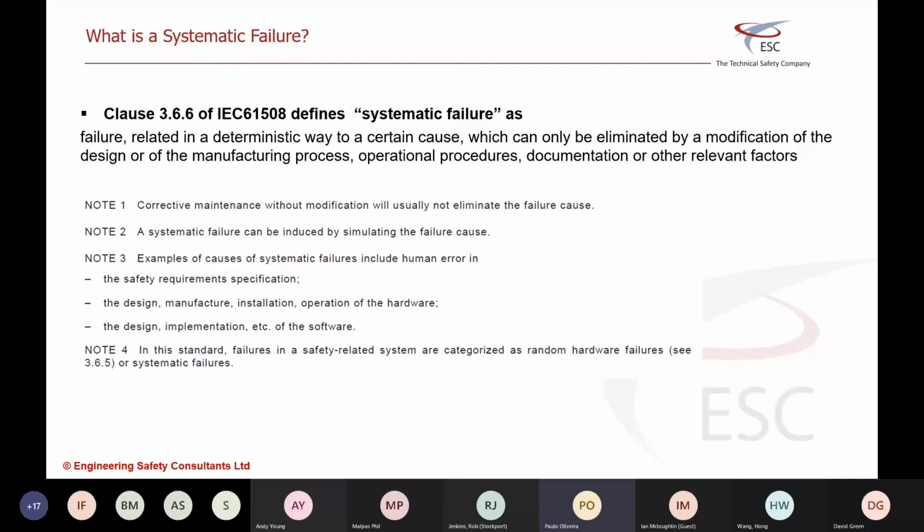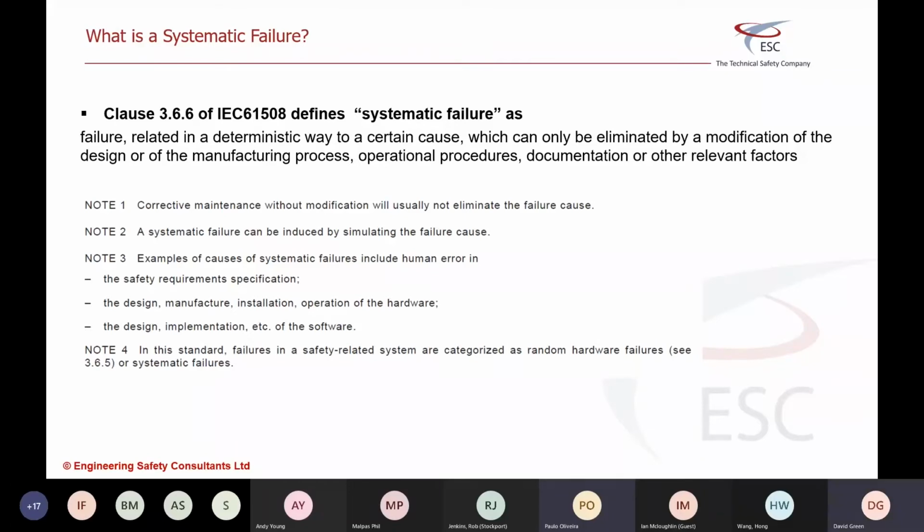Note that it's saying it can be eliminated, not reduced. It can be eliminated by changing how we designed it, how we've manufactured it, how we use it, how we manage it, or how we let people use it.